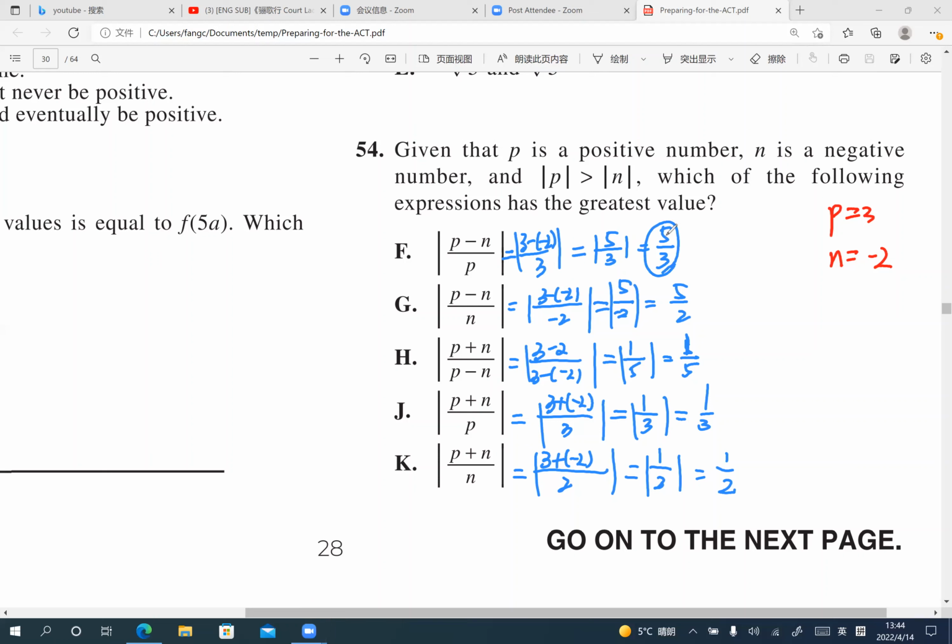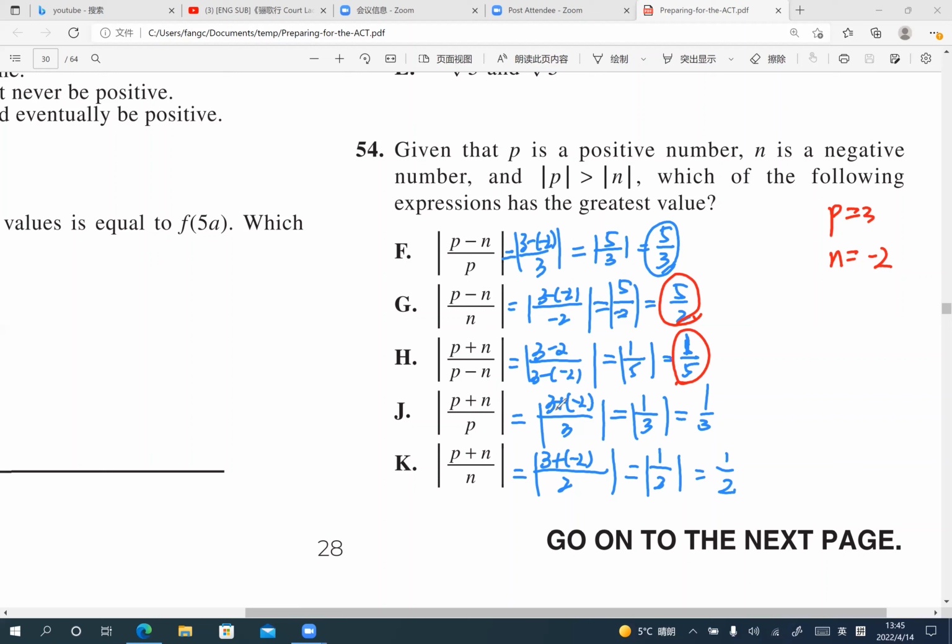And the second one, p minus n divided by n: p is 3, n is -2, so 3 minus -2 divided by -2 is 5 divided by -2. The absolute value of it is 5/2. The third one, 3 minus 2 divided by 3 minus -2, we get 1/5.